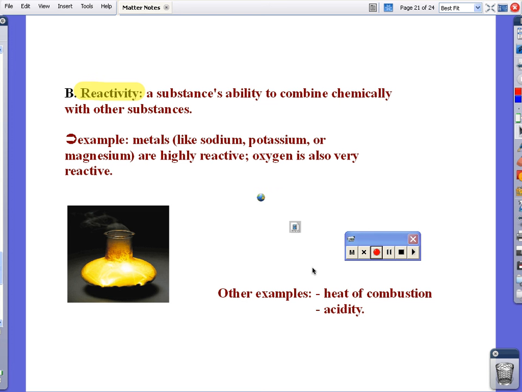But some metals like sodium, potassium, cesium, rubidium, lithium, these are all alkali metals, and they are very reactive in water. If you remember the video I showed in class with the guy blowing up the bathtub, those are very reactive metals.